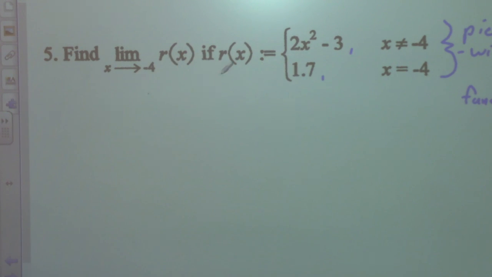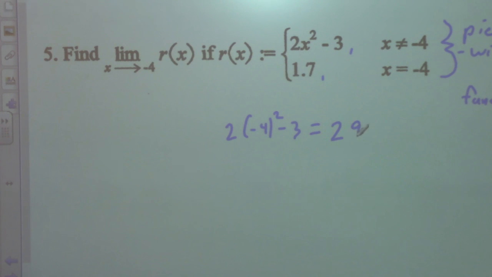Up here, for x. All right, let's do that. If we plug in negative 4, 2 times negative 4 squared minus 3, what's that going to be? I think it's 29.